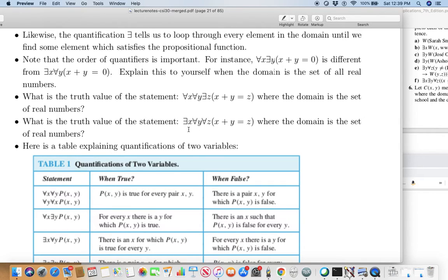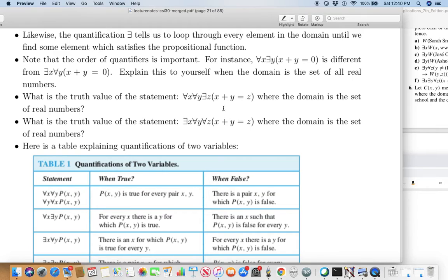Next statement says there exists an x such that for every y and every z, x plus y equals z. No, this is false. Take any x. How can you guarantee that x plus every y will be every z?